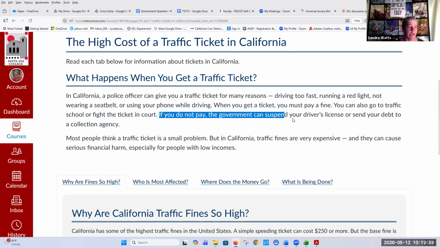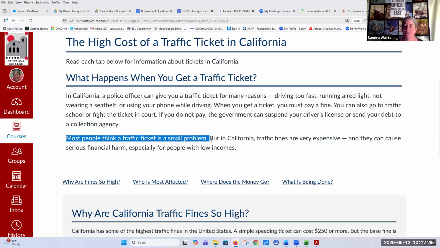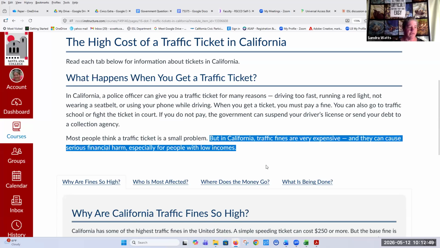If you do not pay, the government can suspend your driver's license or send your debt to a collection agency. Most people think a traffic ticket is a small problem. But in California, traffic fines are very expensive and they can cause serious financial harm, especially for people with low incomes.